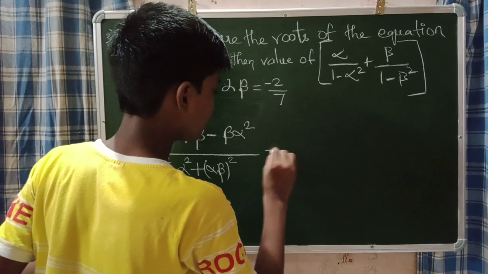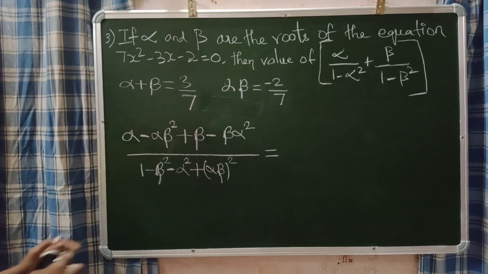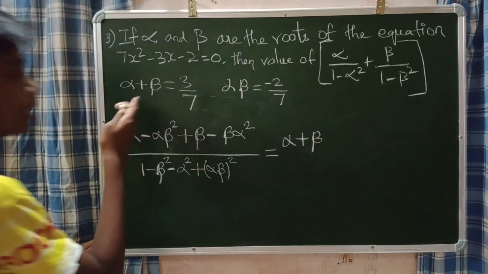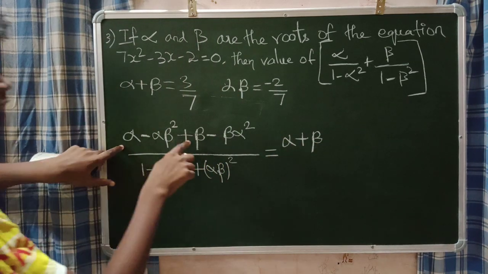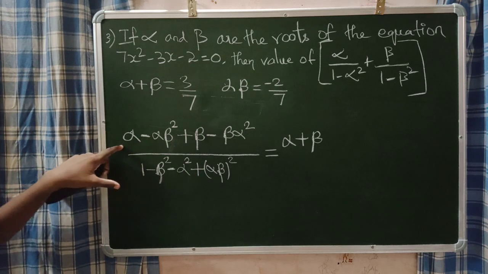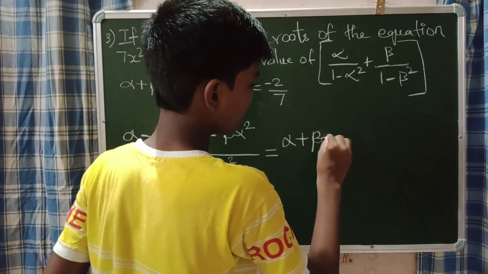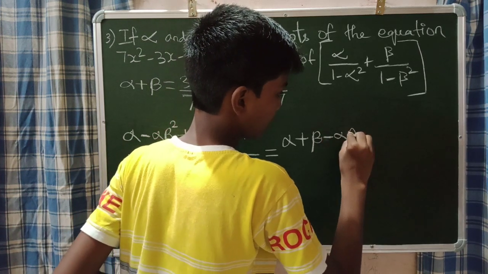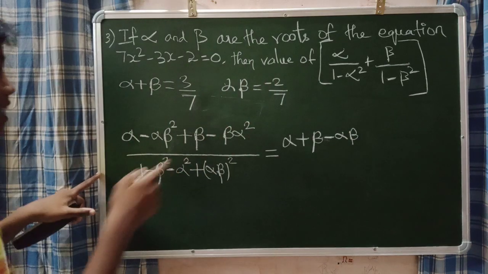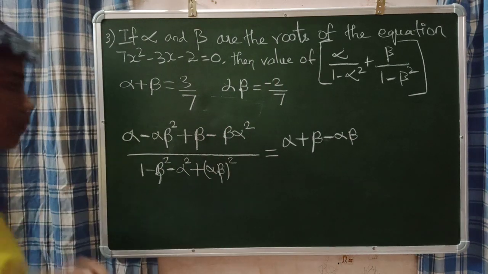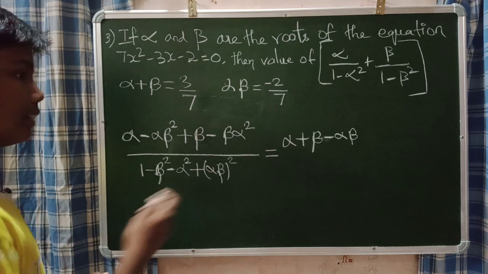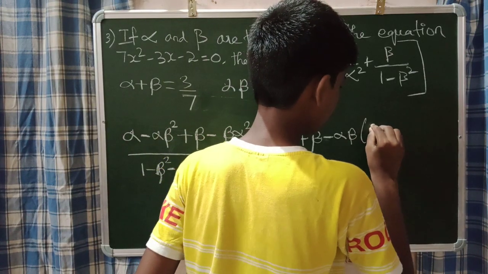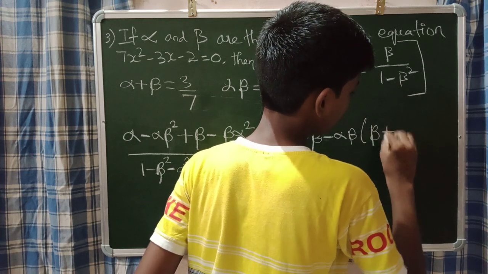So now see here, guys, we can write it as alpha plus beta, because we know the sum and product of the roots. So alpha plus beta minus alpha beta into (beta plus alpha).